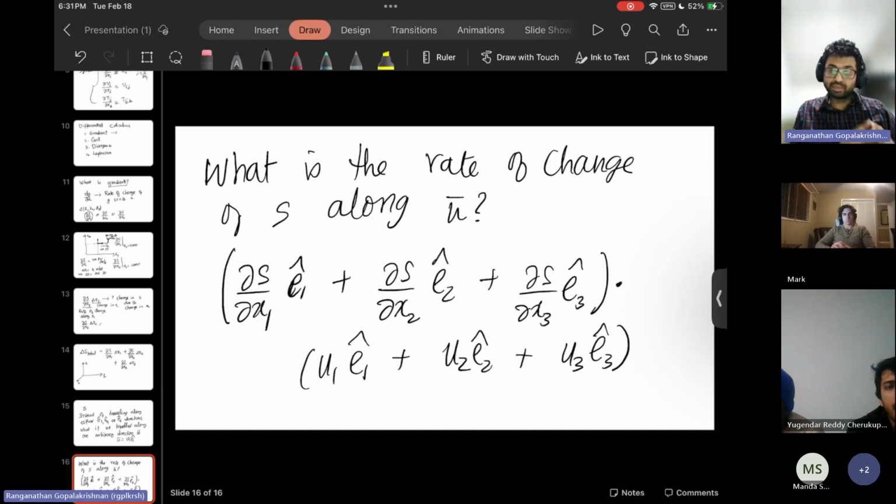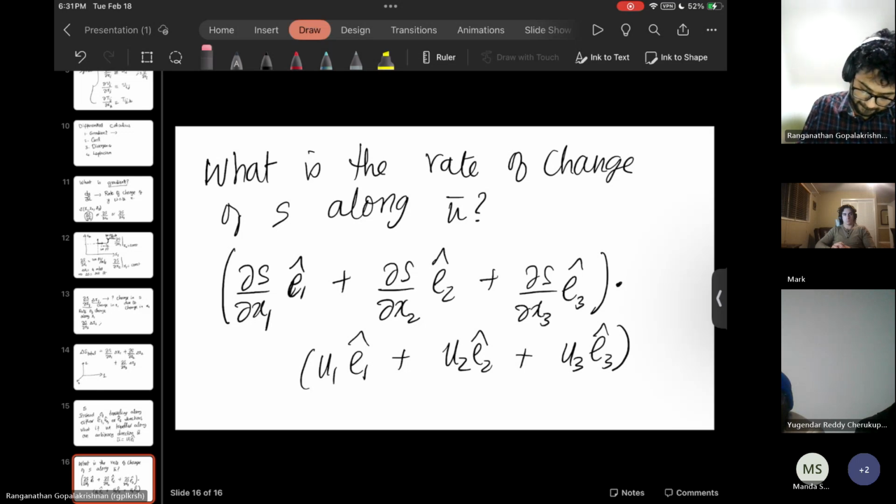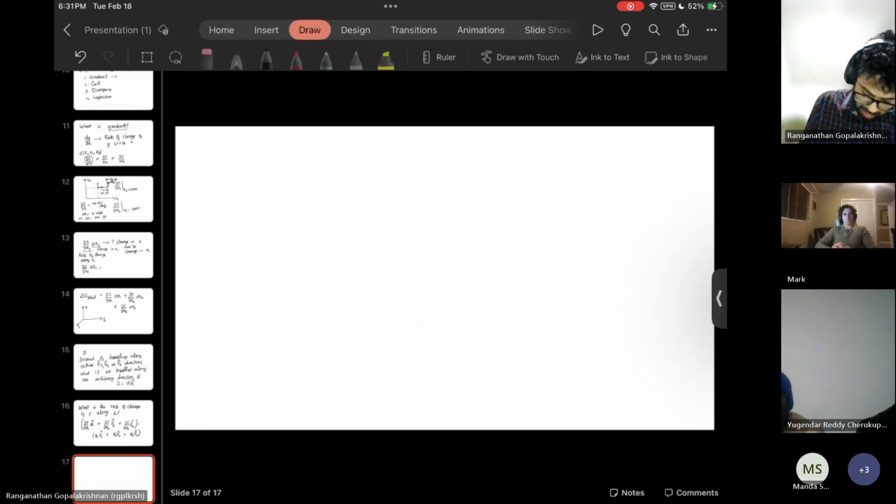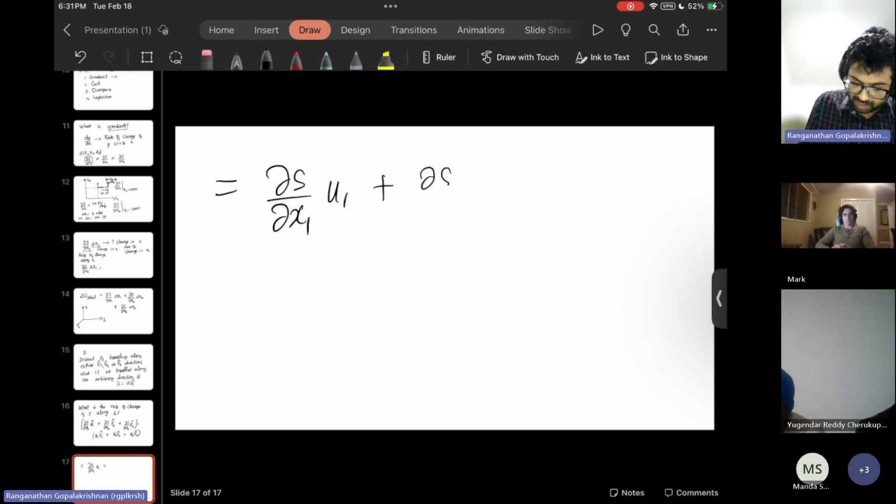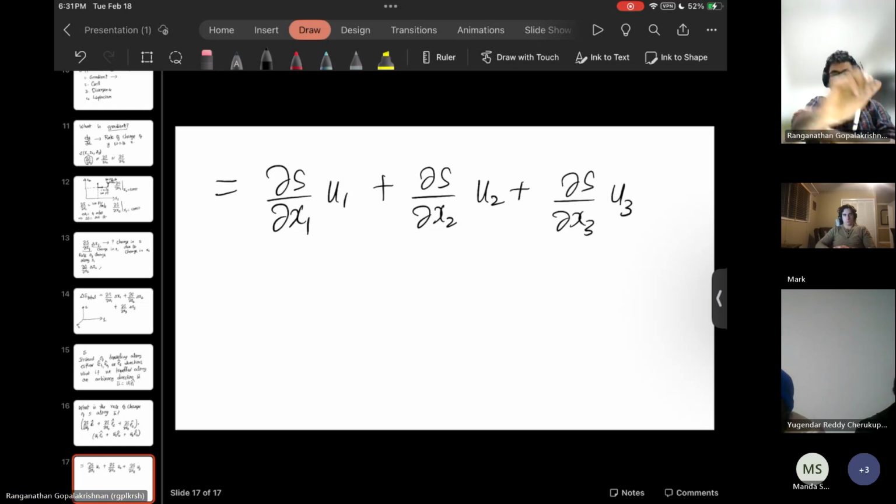If I do the dot product, I'm going to get partial S over x1 U1 plus partial S over x2 U2 plus partial S over x3 U3. This quantity here has a specific meaning.